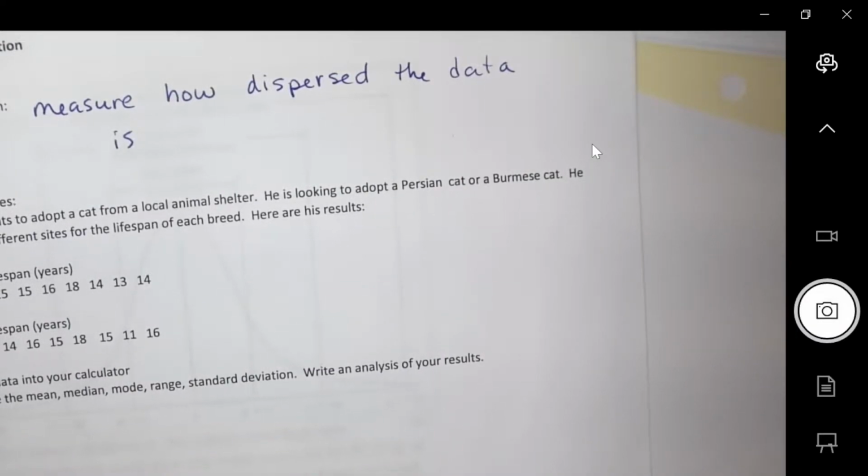Versus a class where the class average is 70, but some failed and some got 100. Well, the class that got 60s, 70s, 80s is more consistent, and the class that failed and got 100, even though their average is 70, is more dispersed. The standard deviation would be larger. Okay, the range would be larger.